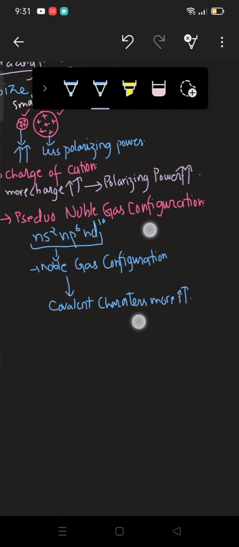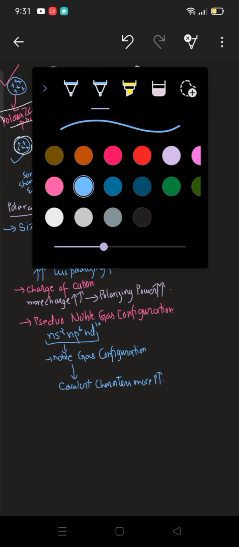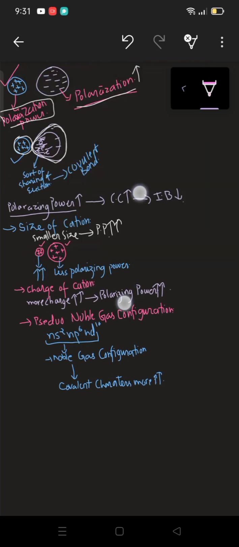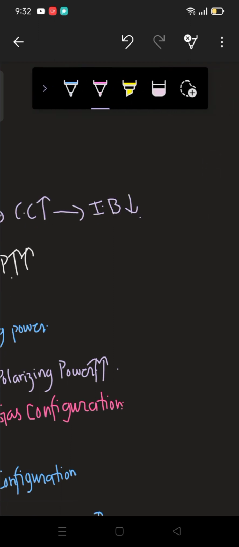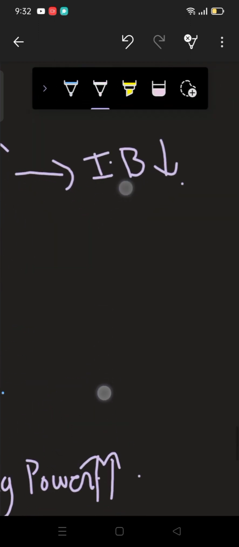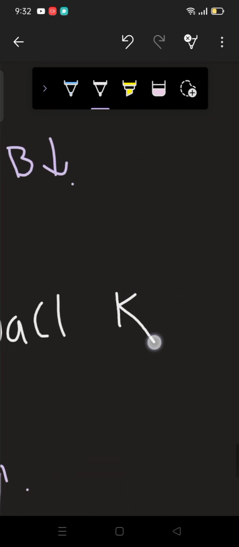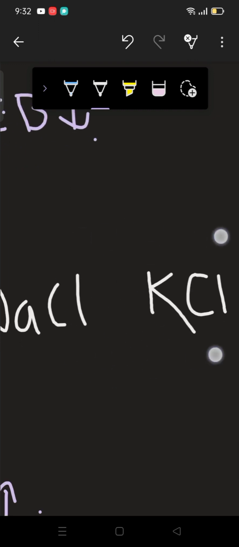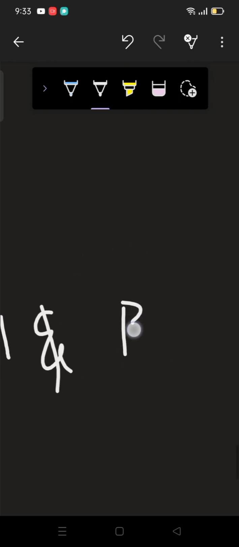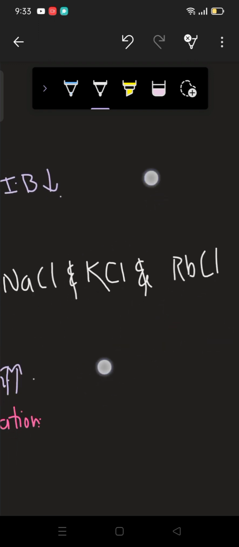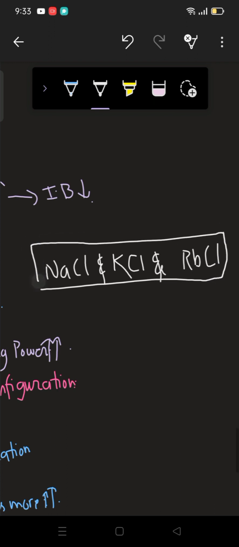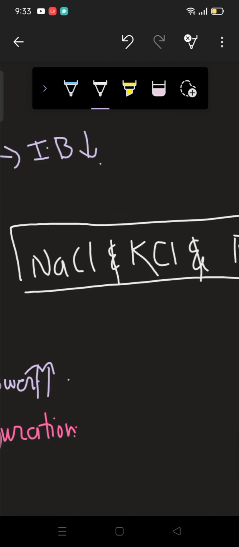Okay, let's take an example now. We have NaCl, we have potassium chloride, KCl, and we have rubidium chloride. Now we need to identify which one will have more covalent character.